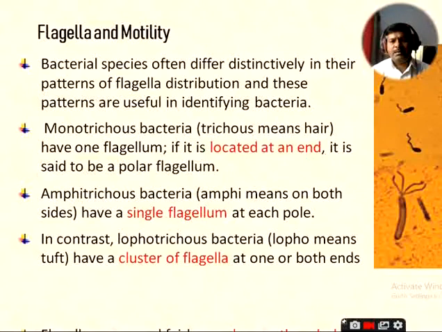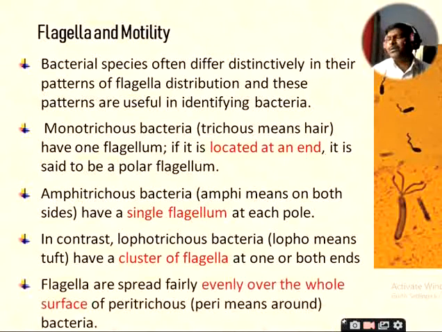Flagella are spread fairly evenly over the whole surface of the bacterial cell. If such an arrangement of flagella is observed, they are called peritrichous.